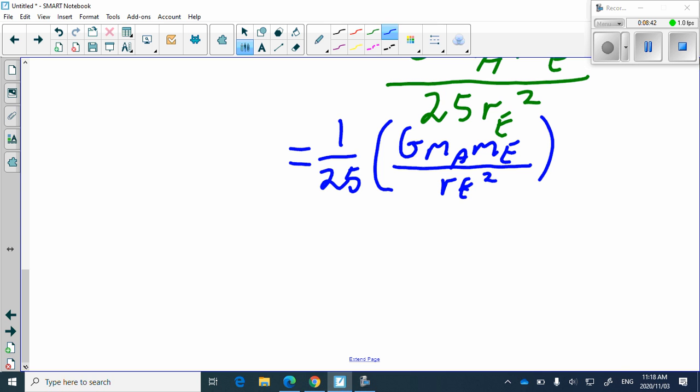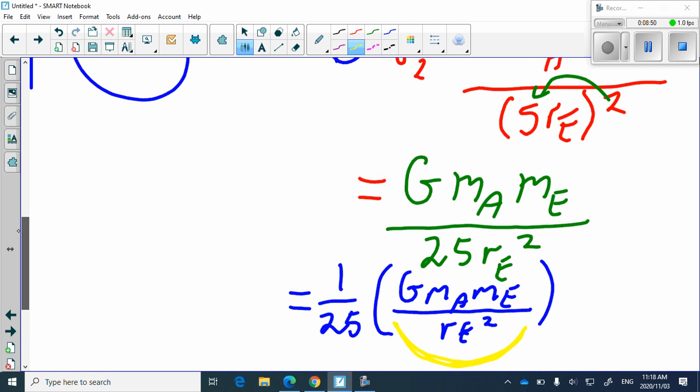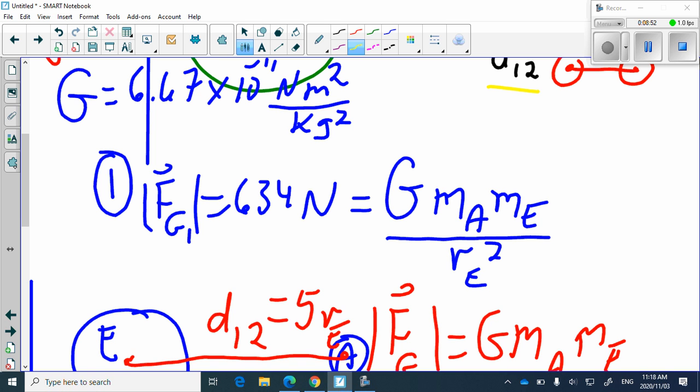But kids, have we not seen what's in the bracket before? Have we not seen that somewhere else? We have. Look, right here. It is actually force of gravity 1.